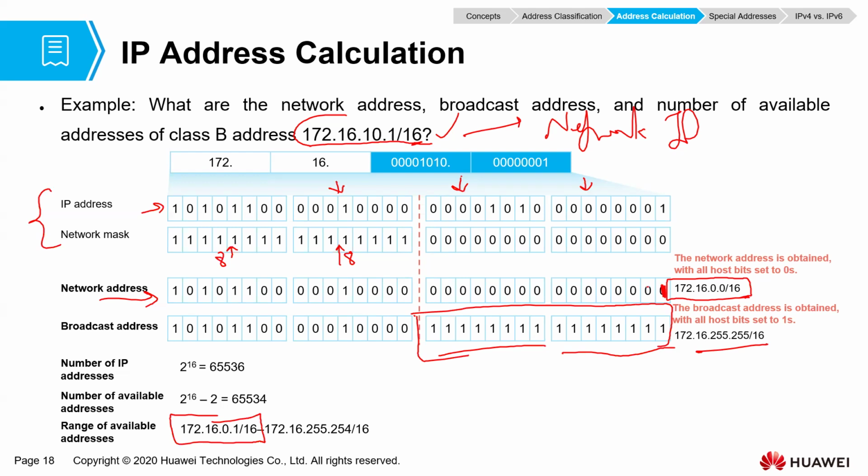Then all these values start changing up until I get to the last bits. I cannot get a 1 in the last position because it becomes a broadcast, so I get a 0 there. And that is basically how we find the network ID, the broadcast ID, and the range of IP addresses that we can use in a given network.